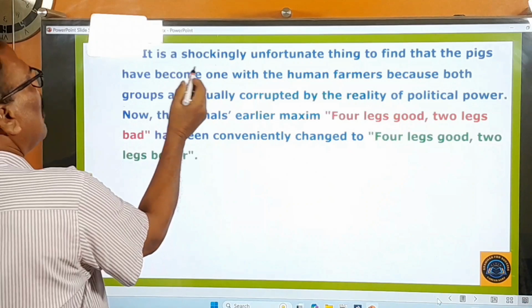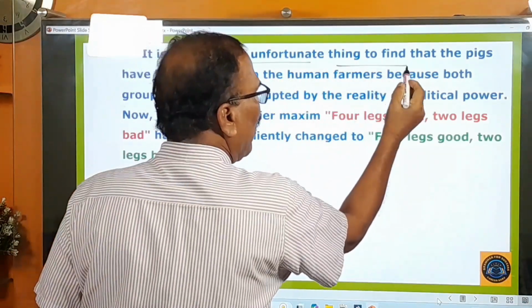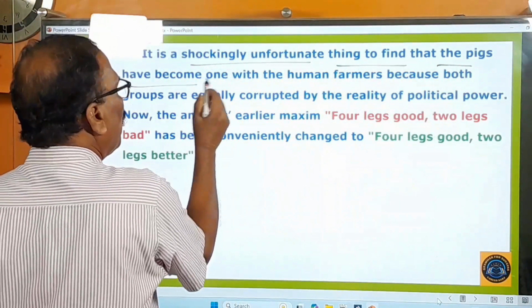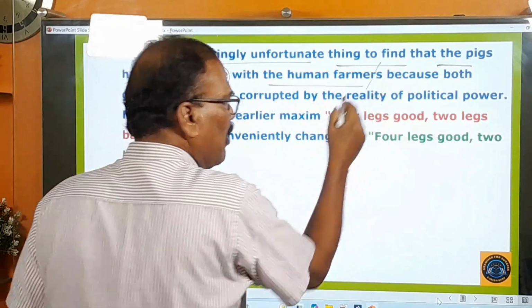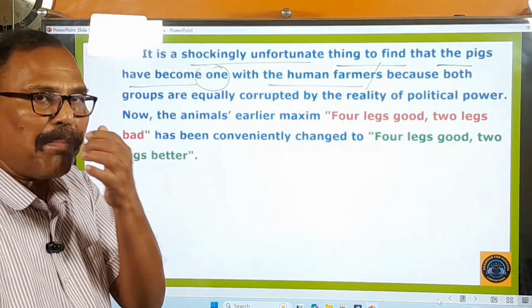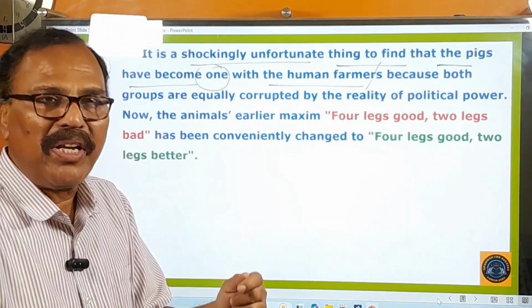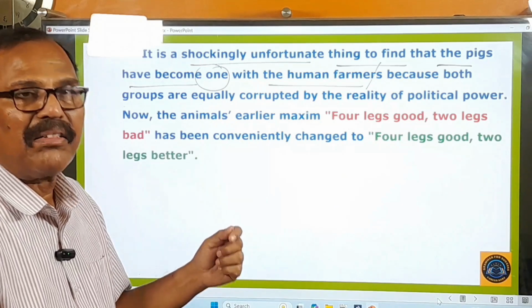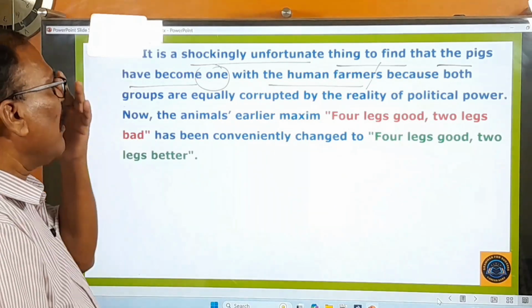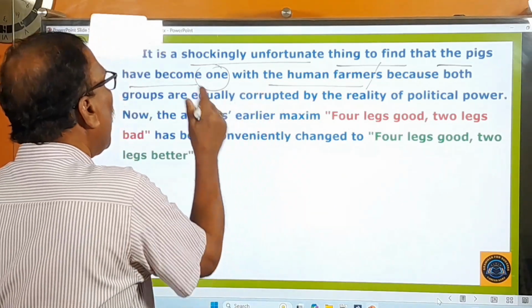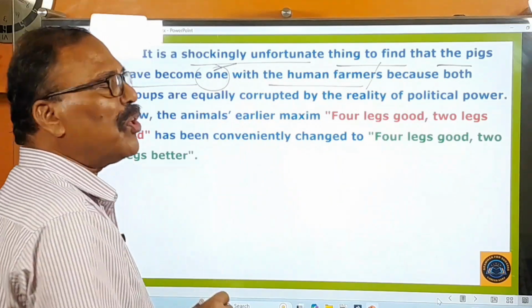So it is a shockingly unfortunate thing to find that the pigs have become one with the human farmers. So in that dinner party hosted by Napoleon to Mr. Pilkington, the neighboring farmer, what happened? The pigs have become one with the human farmers.